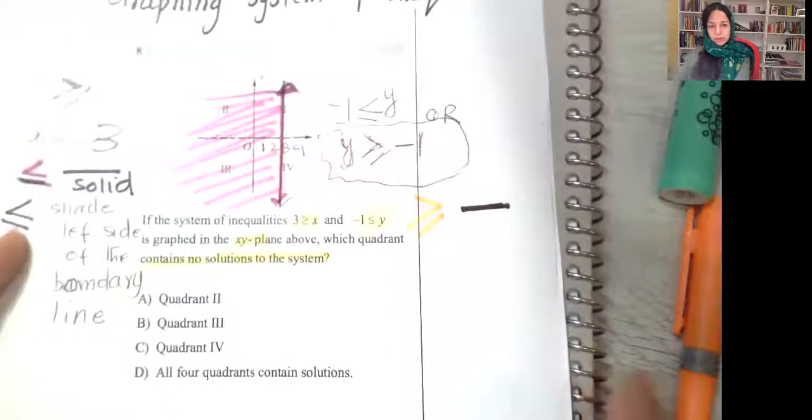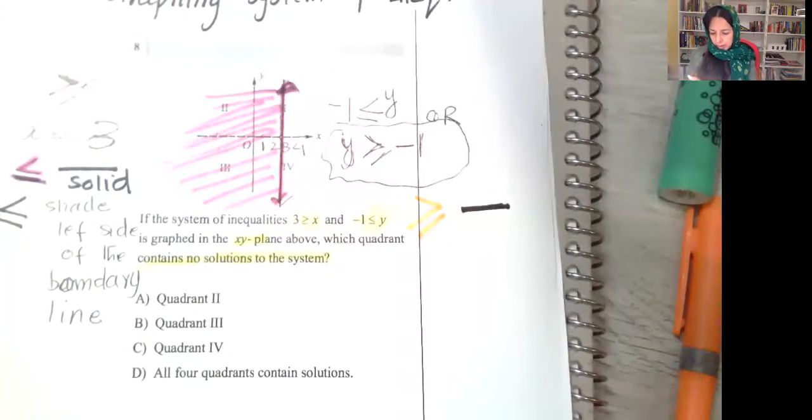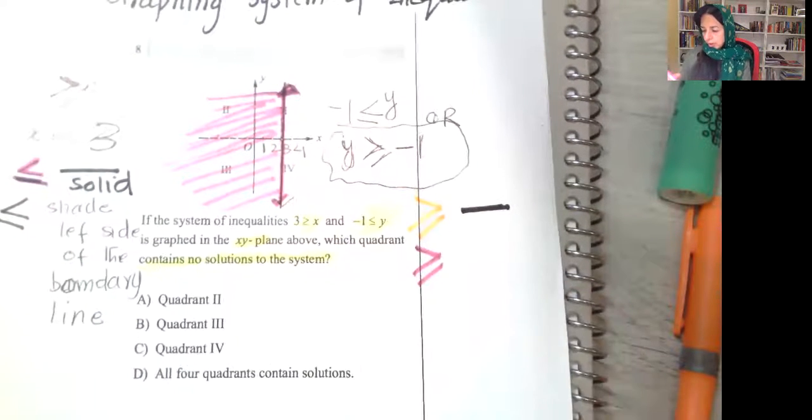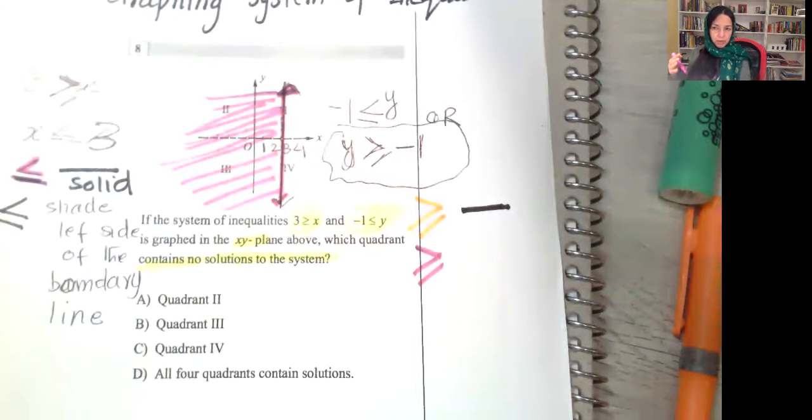Since we have a greater than or equal to sign, we should shade above the line. Whenever you have y, you are looking for a horizontal line.